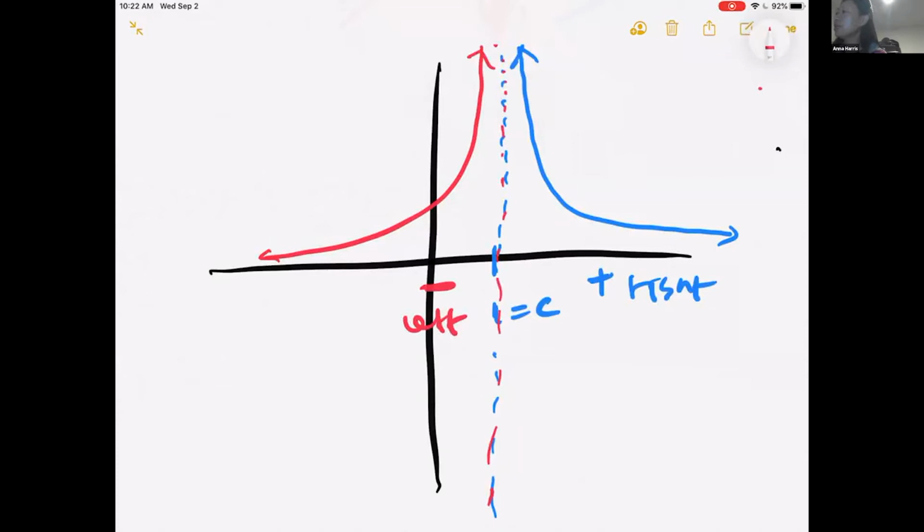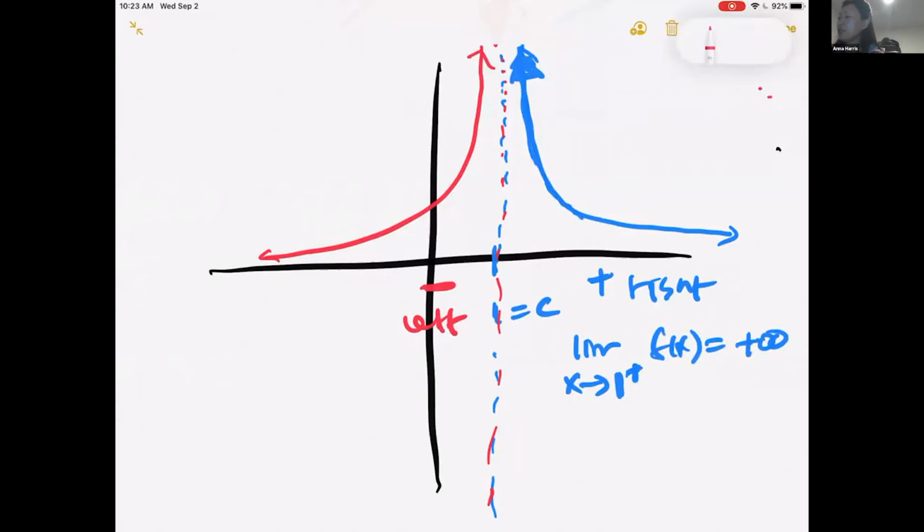Okay, so let's look at my right-hand side limit first: limit as x approaches 1 from the positive side. That's why I put the positive sign on this function. Where does my limit go? Look at this line where this graph keeps going up. Which way is this graph going? Positive infinity. Right, going toward positive infinity.